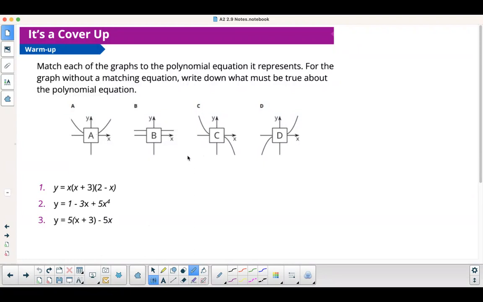We don't care about the middle. So this one here, left side up, right side up. So if you look at the chart that I gave you from the last unit, when the left side goes up and the right side goes up as well, this is going to be an even degree and a positive lead coefficient.